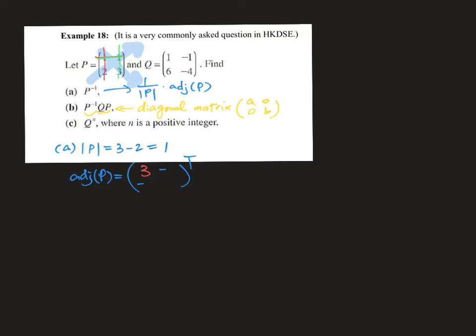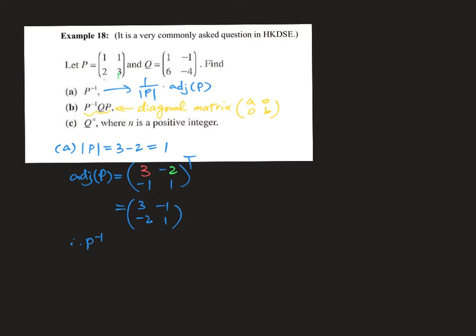Cross out row and column, you get a 2. You work out the answer in a similar way on the matrix P. Then the answer should be a 1 here and also a 1 here. After having the transpose, it goes to 3 minus 2, minus 1 and 1. Transpose means turn the row into column.